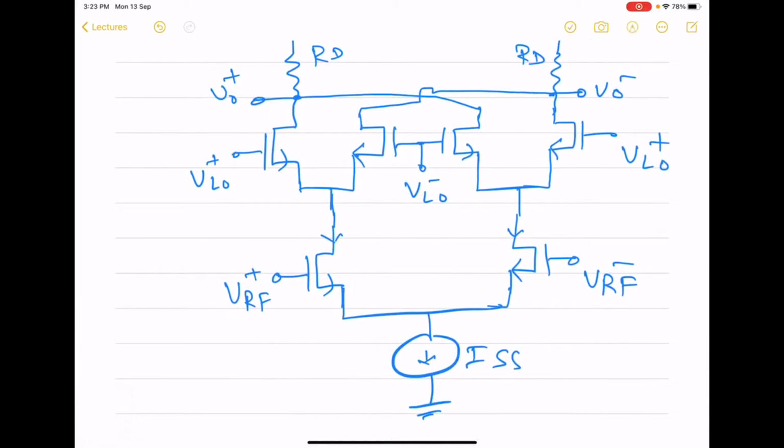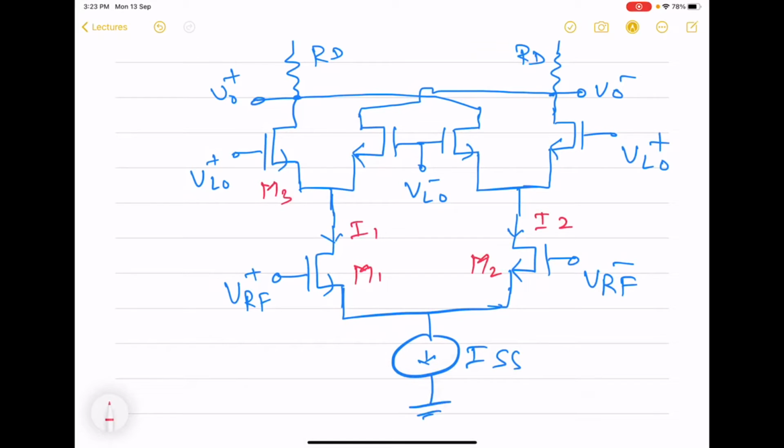So we have these various MOS. We will label them and their currents also. So here we have M1, and this has current I1. Here we have M2, current I2.